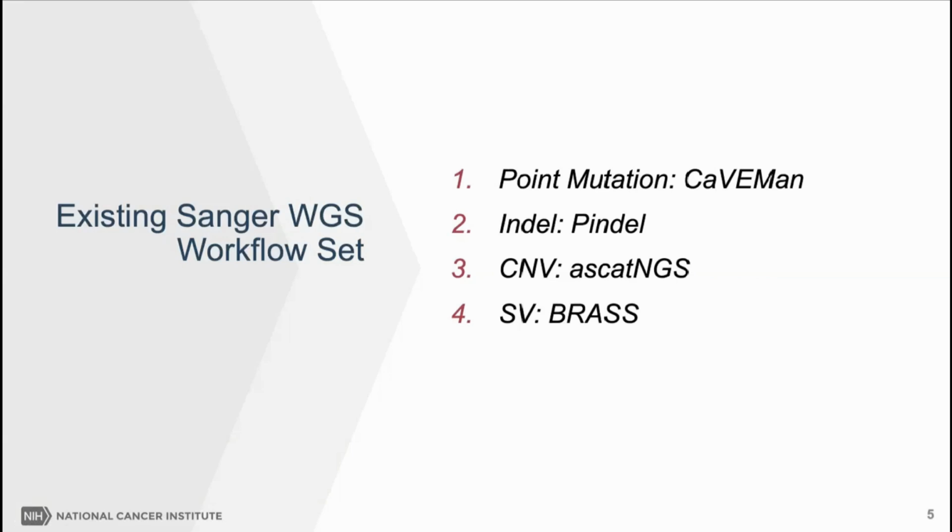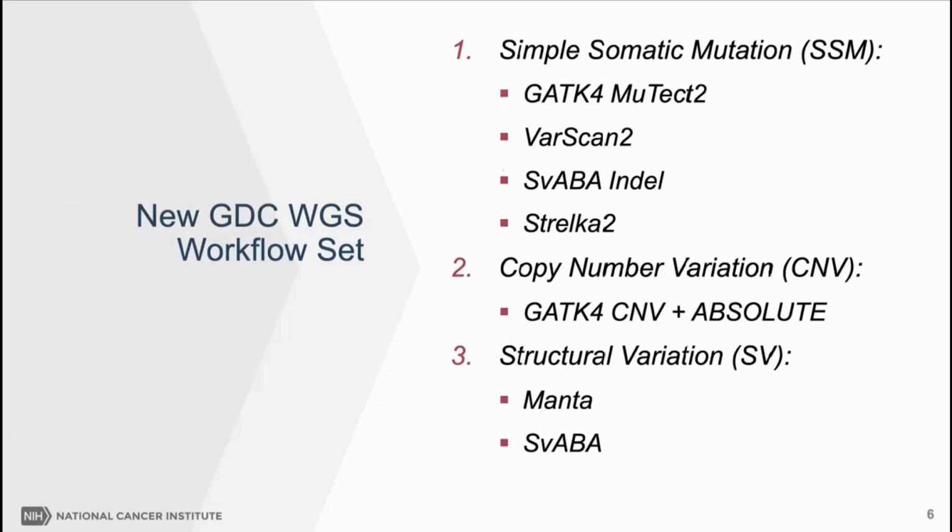Now, the newer, more updated set is listed here, and this includes simple somatic mutations from the GATK4 MuTect2, VarScan2, the SvABA indel, and Strelka2. The copy number variants come from GATK4 CNV and ABSOLUTE, and the structural variants come from Manta and SvABA.